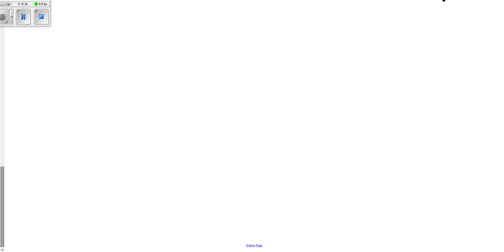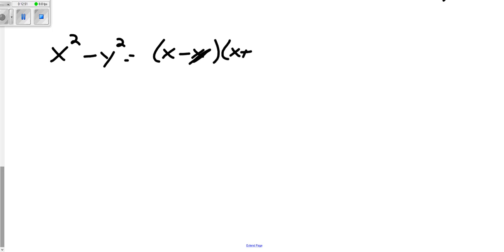You can show at parties if you want. If you're factoring like x squared minus y squared, we know that that's just x minus y times x plus y. I just showed you difference in cubes.